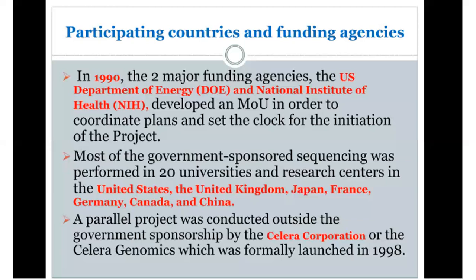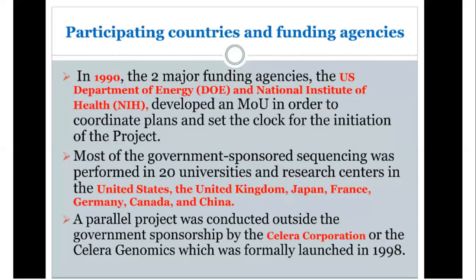Then this project was performed in 20 universities and research centers in the United States, United Kingdom, Japan, France, Germany, Canada, and China. Side by side, it was also performed at Celera Corporation, Celera Genomics, which was formally launched in 1998.